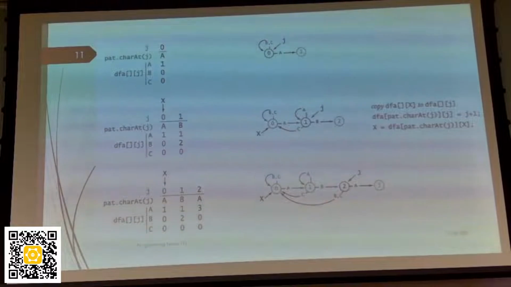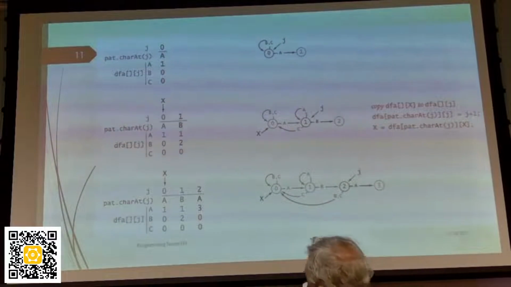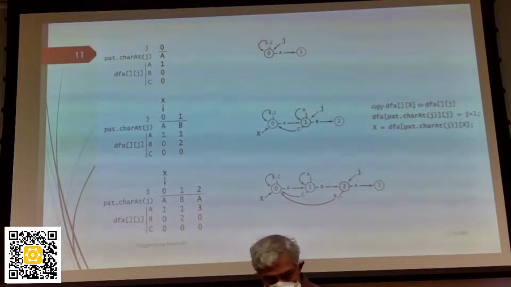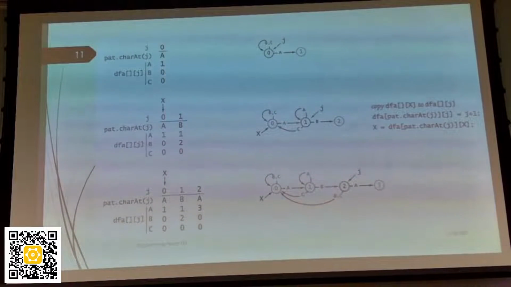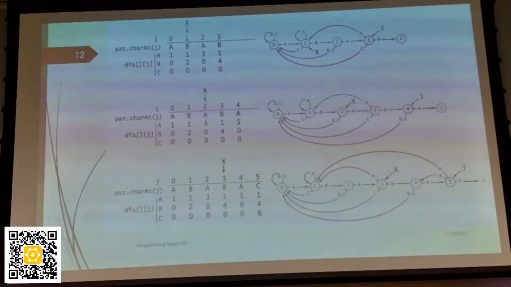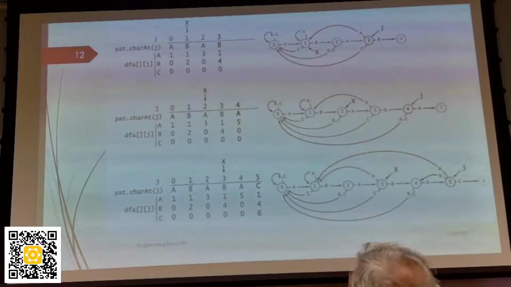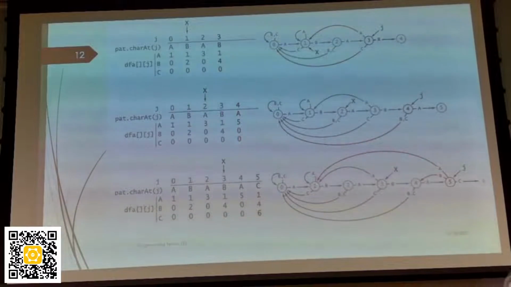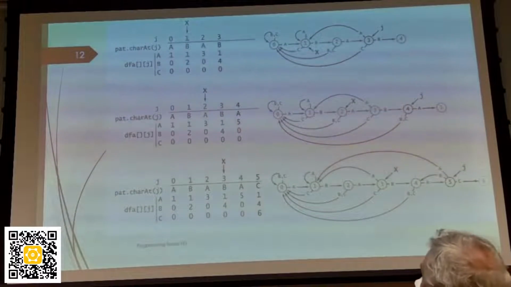It looks to me like in each one you're copying the character that matches. So how did they figure that out? Let's see if we can see it over here. So this seems like what's happening.